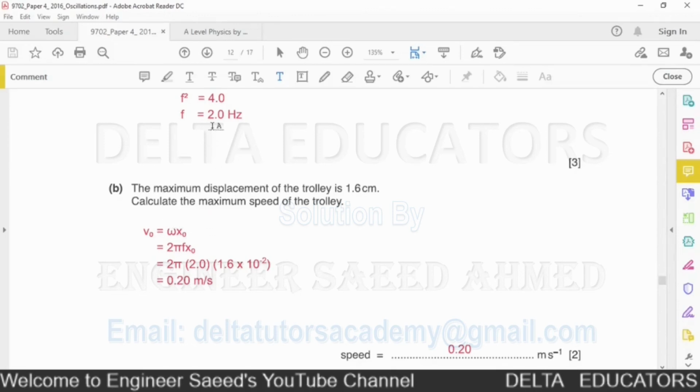The frequency we have calculated is 2 Hertz, so it will be 2 pi multiplied by 2. Now x0 is the maximum displacement, given here as 1.6 centimeter. We have to change this to meter, so we multiply by 10 power minus 2, and by solving this we get the answer 0.2 meter per second. So the maximum velocity is 0.2 meter per second.